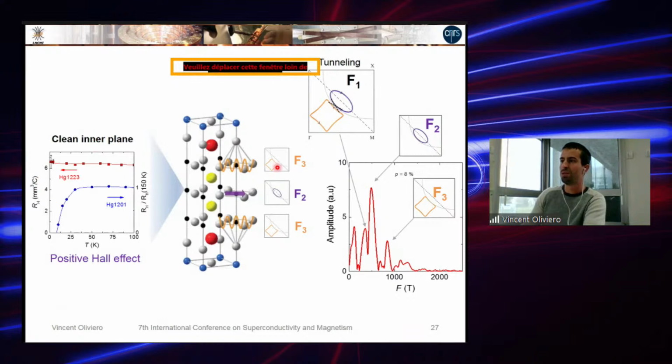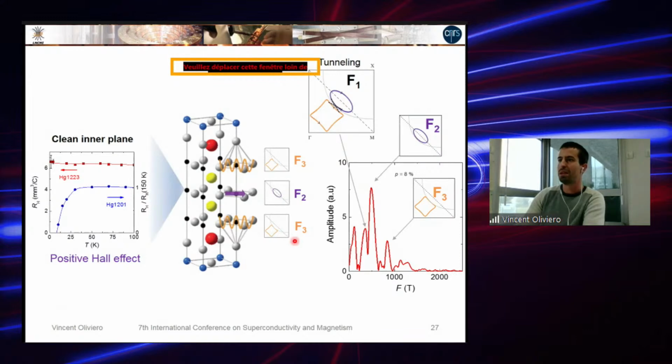But outer planes are slightly more doped, so we observe 850 Tesla frequency, which corresponds to the electron pocket. So we can understand those two frequencies, and by tunneling between layers, we observe also a frequency F1, which corresponds to the jump between the three layers.